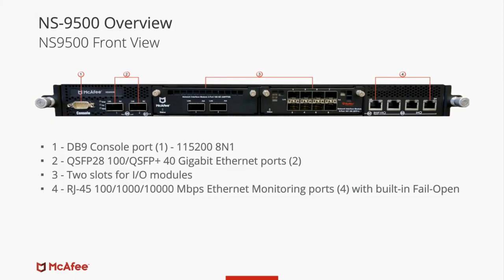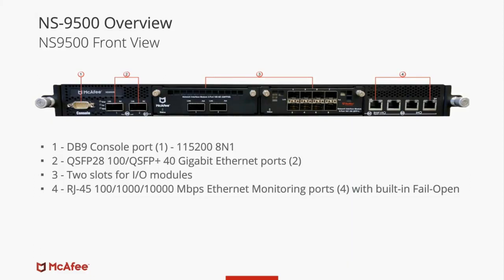Like any other NS series sensors, the modules can be added or removed to add the kinds of interfaces you need. In the case of a failover in SACS, the G1 module is dedicated to failover.